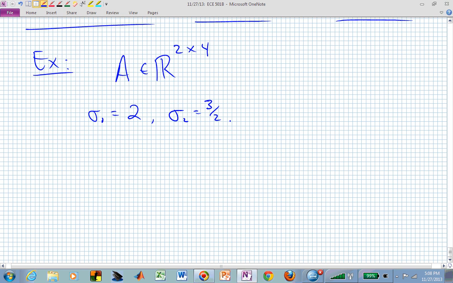What's the domain of A, in terms of where the input vectors live for that linear map? How big are they dimensionally? What space are they coming from? If I'm hitting A on the right by a vector to be compatible with A, what dimension does that vector have to be? 4, right?